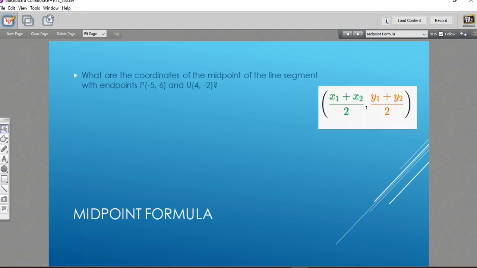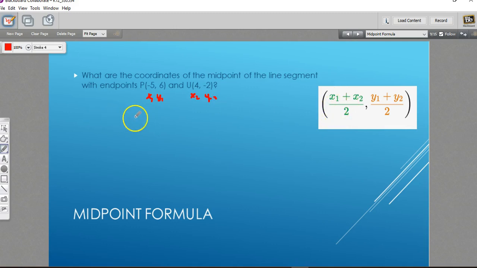Okay, so one of the questions on the test is going to talk about what are the coordinates of the midpoint of the line segment with endpoints P(-5, 6) and U(4, -2). So this is really quite simple. We can do x1, y1, x2, y2, and you can see the midpoint formula up there on the screen.